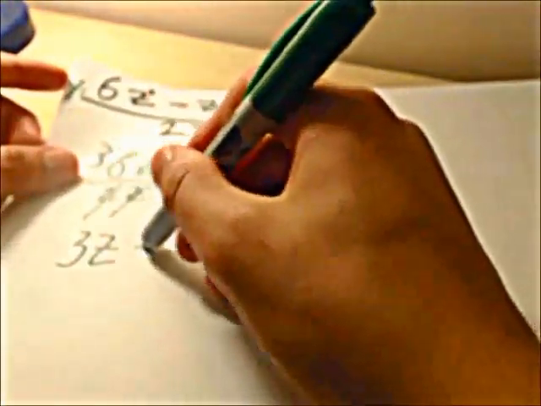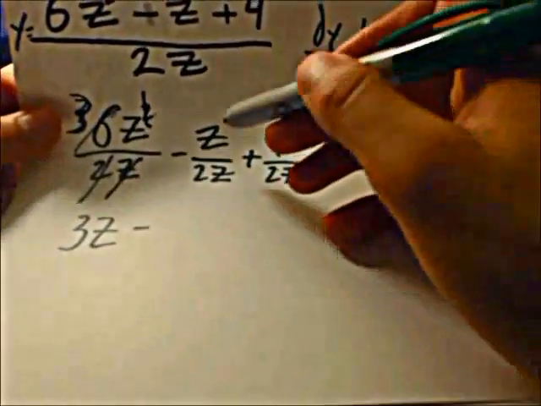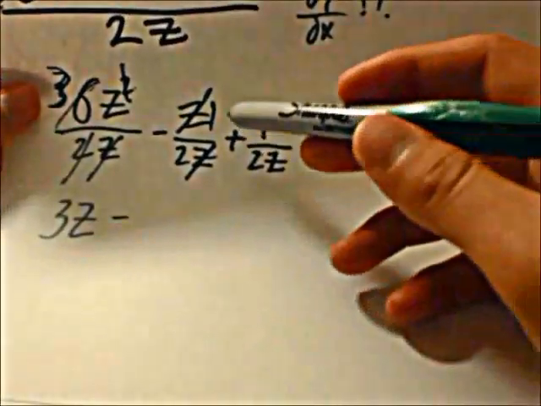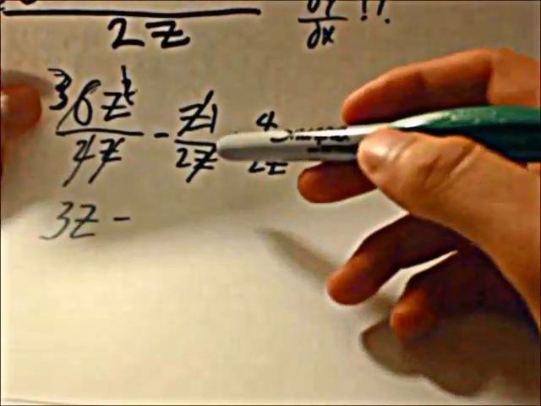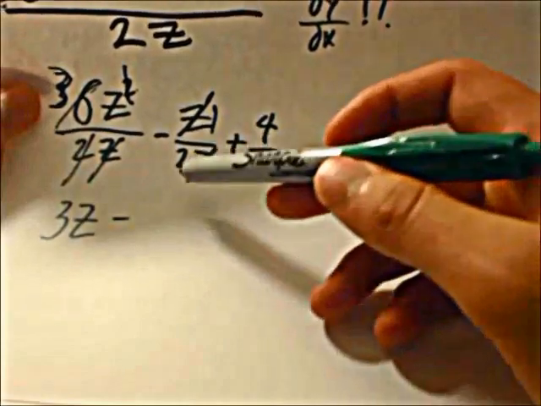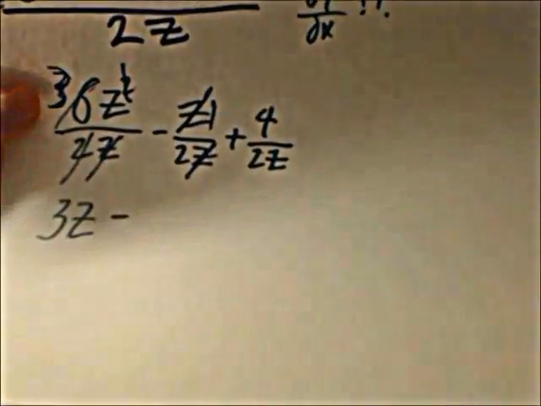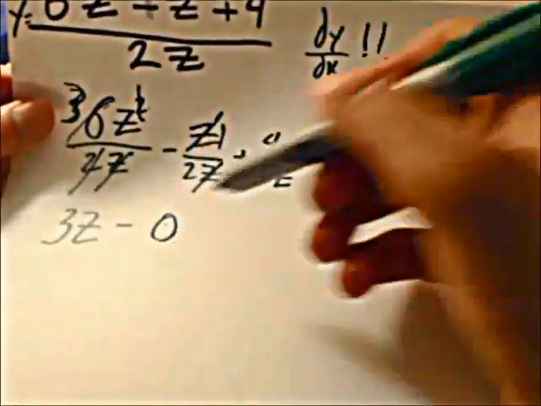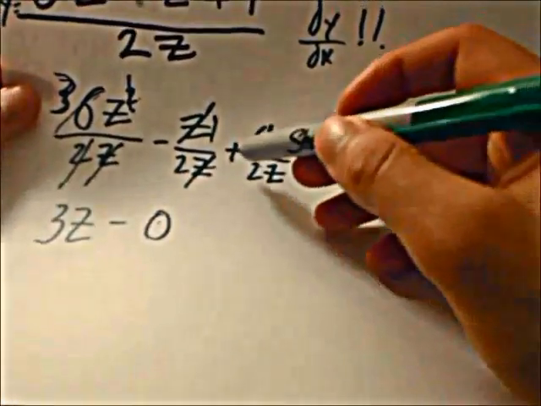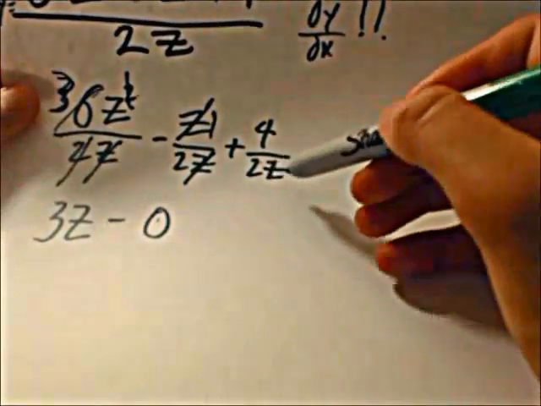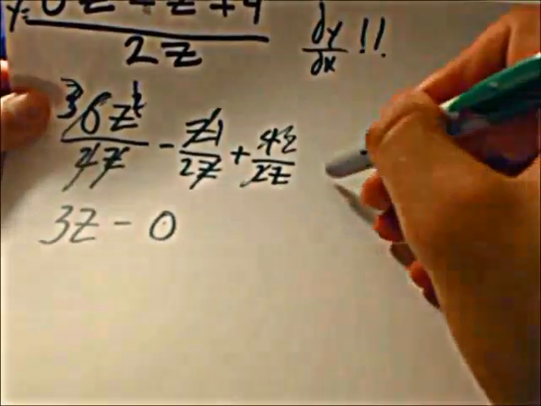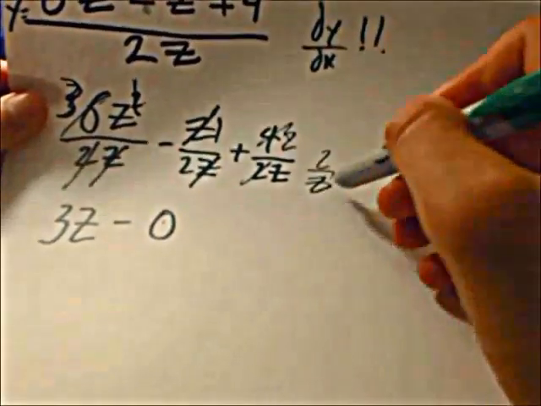Then minus: z goes with z, so we're left with 1 over 2, and the derivative of any number, because this is a half, it's a number even though it's a fraction, it's still a constant, because the z cancel each other out, so we're left with 1 over 2, so that would be 0. The derivative of any number is 0. And here we've got 4 over 2z. The 2 goes into the 4, so we're left with 2 over z.